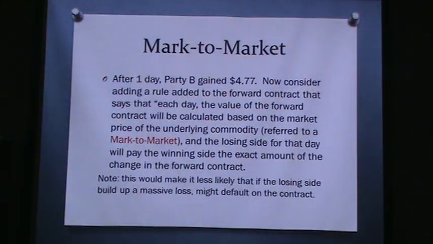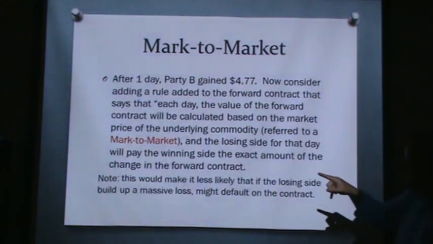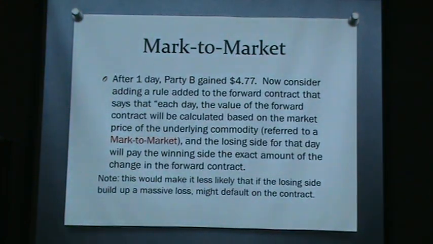Right, so where we are right now is we've talked about forward contracts. Now I'm saying, suppose we wanted to add a new rule, so this is like a forward contract with a new rule being added to it. The new rule is every period of time, let's say once a day, we calculate how much money one person won from the other person, and we actually make them send the money electronically at the end of the day.